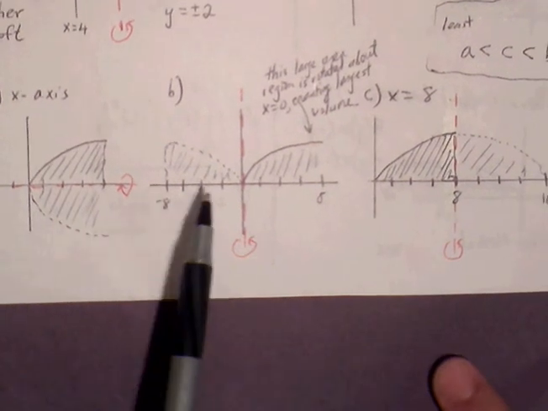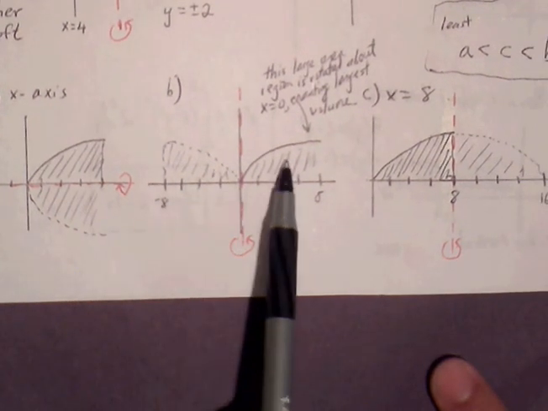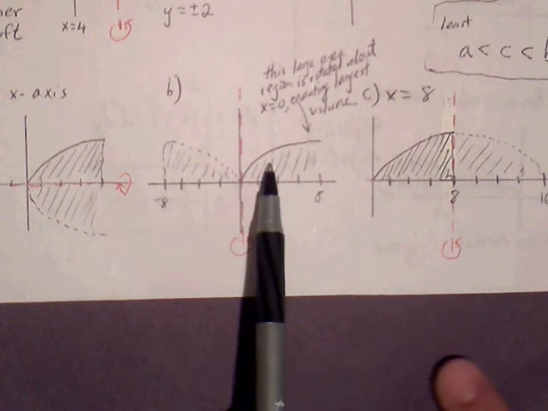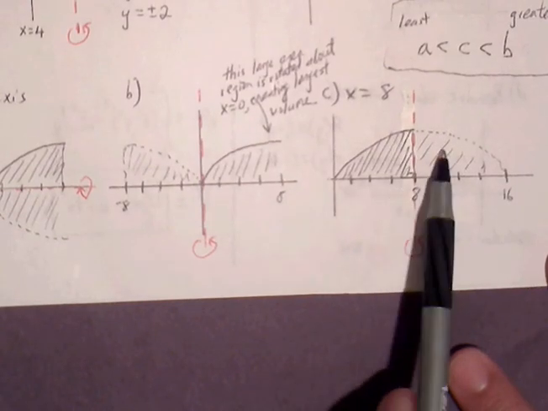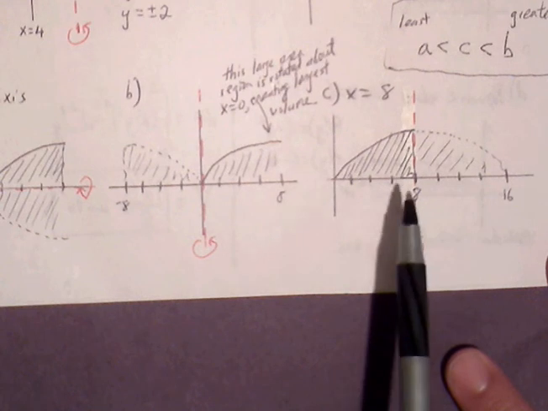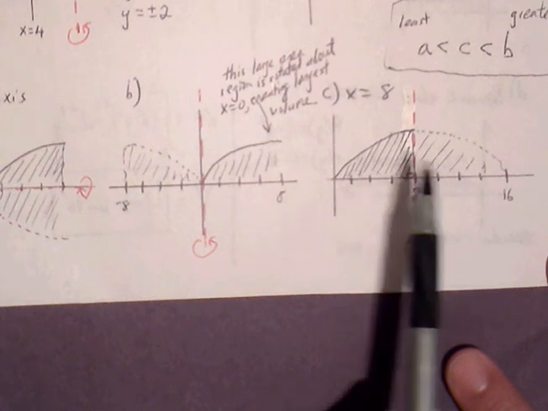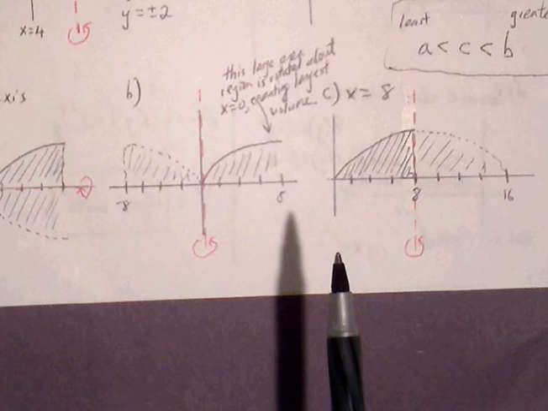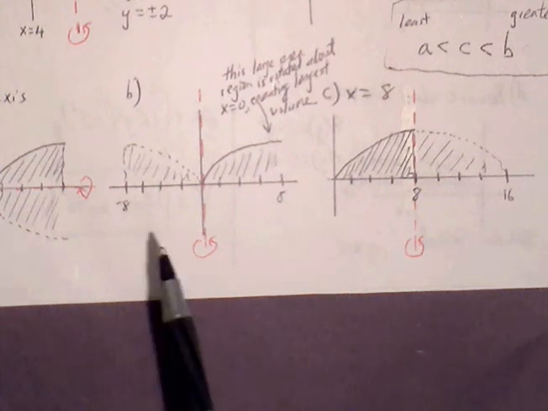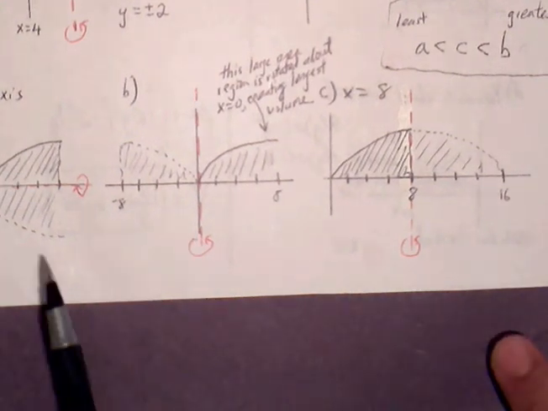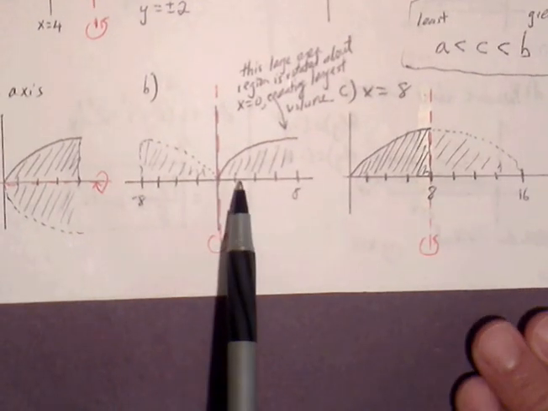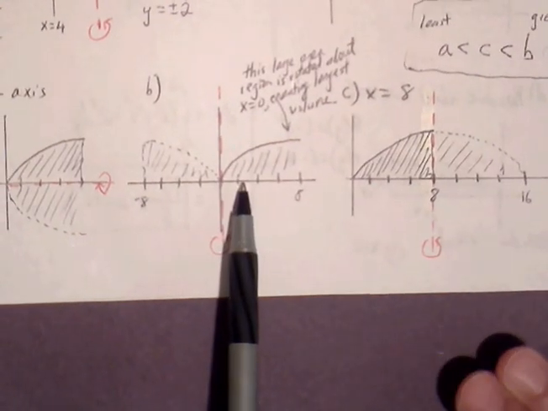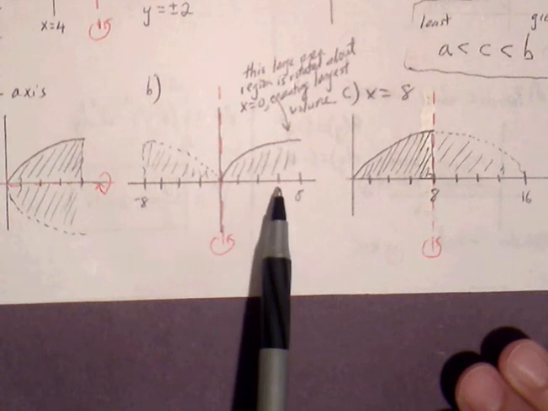But if you look at part B, we have the shaded region revolving about the x-axis. And then part C, we have a shaded region revolving about the line x equals 8. And we see that part B is actually going to create the region with the largest volume.